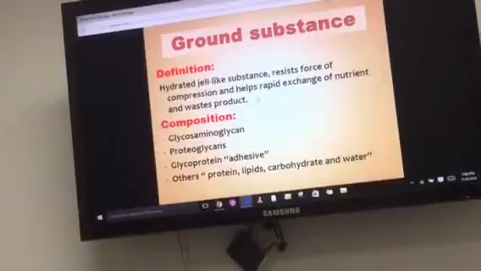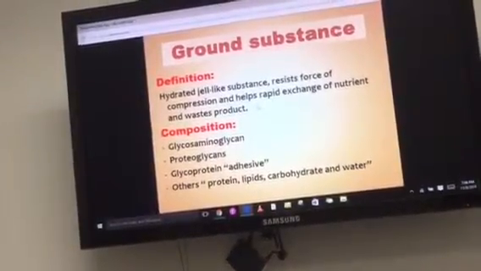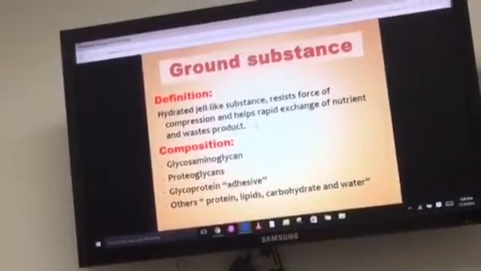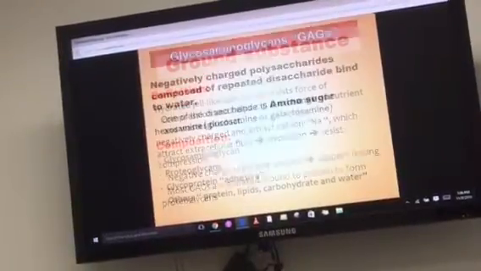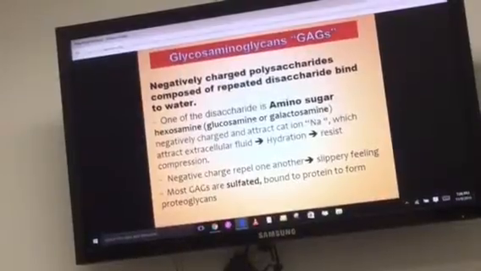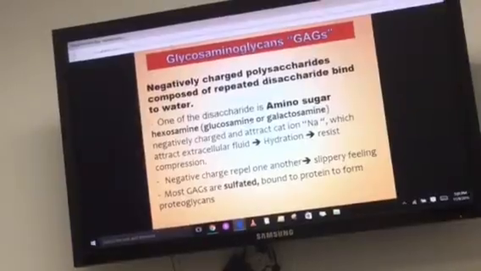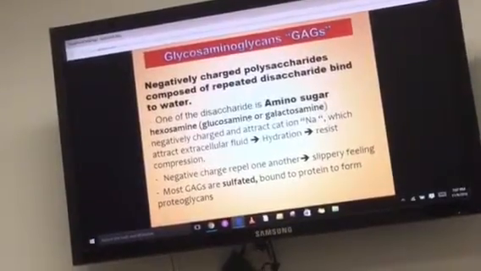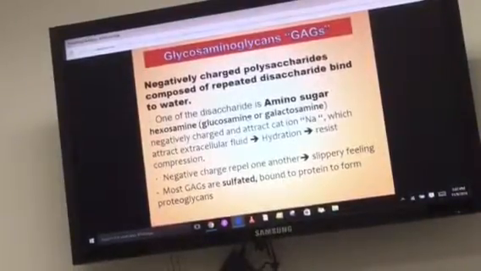It's made up of glycosaminoglycans, proteoglycans, glycoproteins, also known as adhesive, and others: protein, lipid, carbohydrates, and water. Glycosaminoglycans, also known as GAGs, are negatively charged polysaccharides, which are repeats of disaccharides that bind to water.